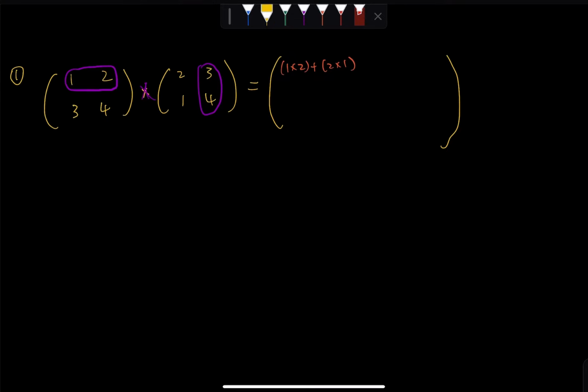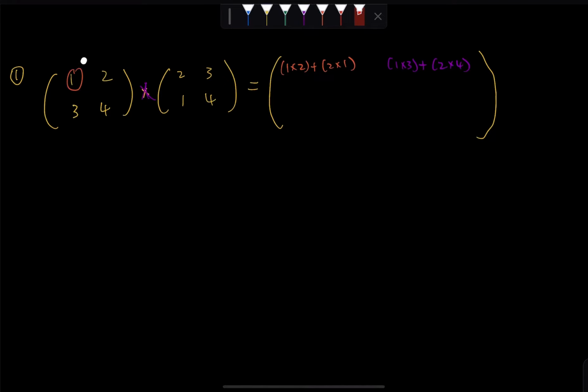So you have 1 times 3 plus 2 times 4, right? And that's going to be the number you get over there. And then you just continue this process for every single row and every single column combination.